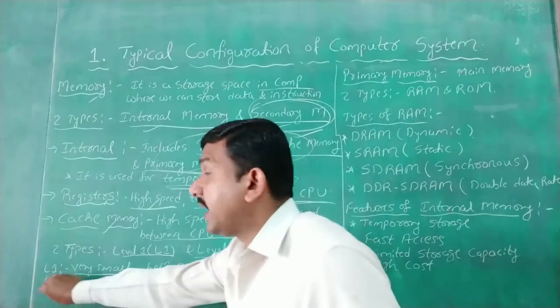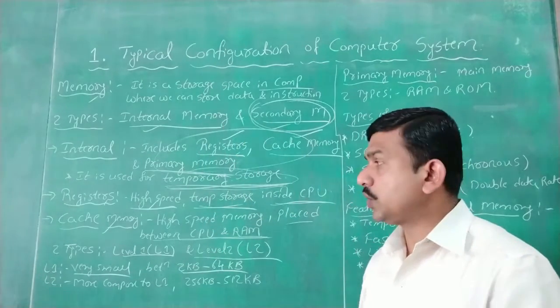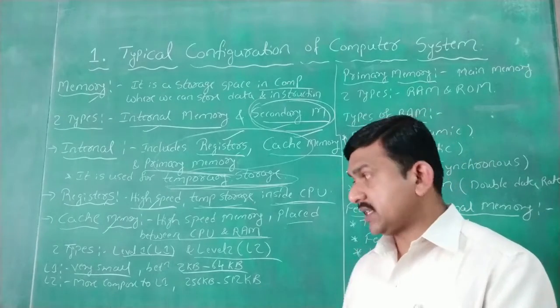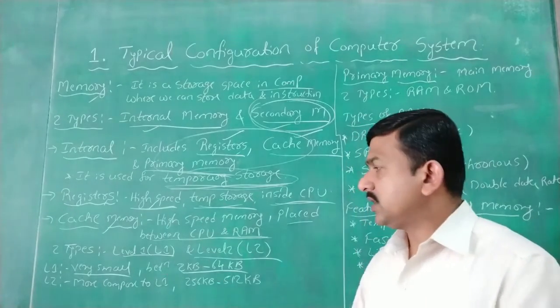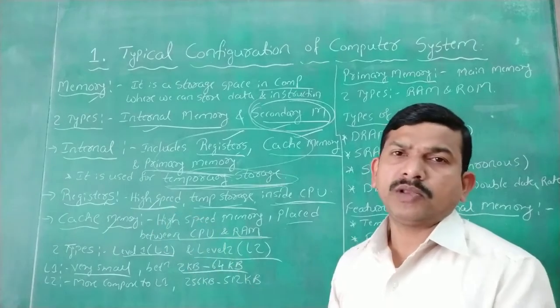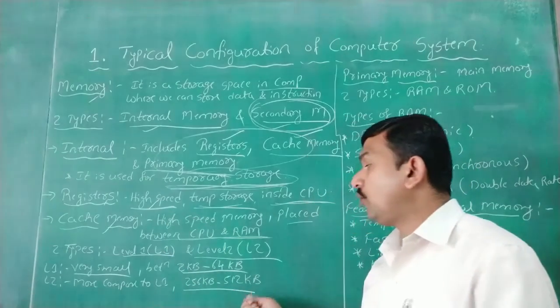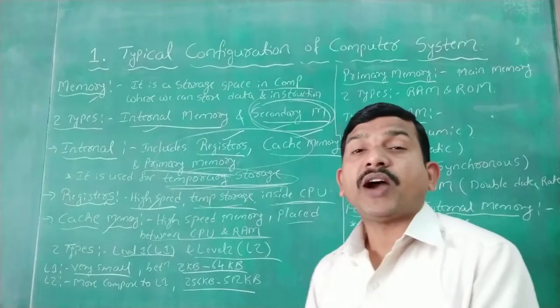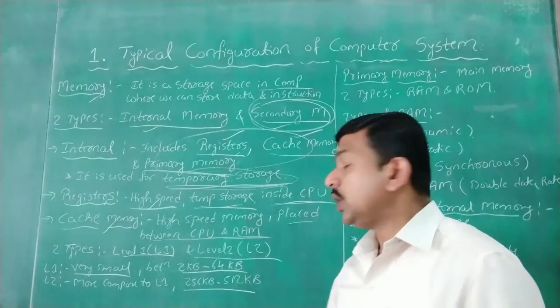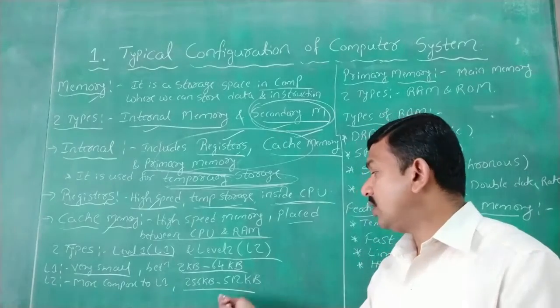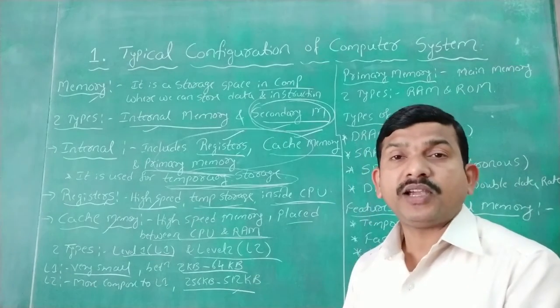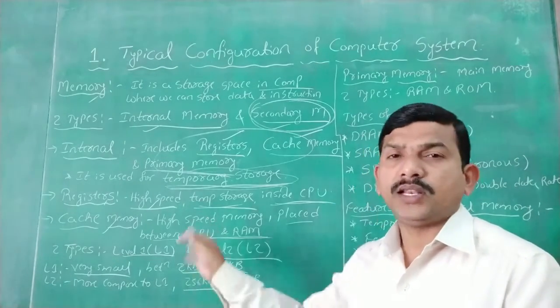The second one is L2 cache memory, or level 2 cache. Compared to L1, L2 normally has higher storage capacity, around 256 KB to 512 KB of data it can store when processing.